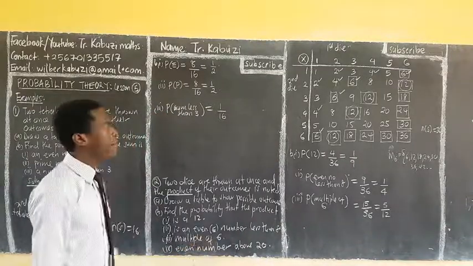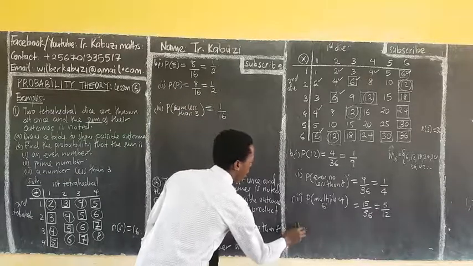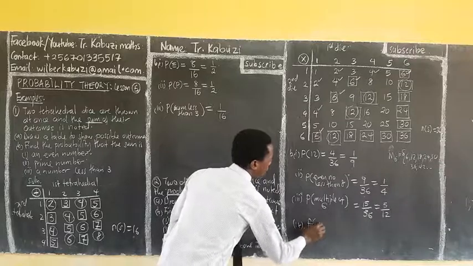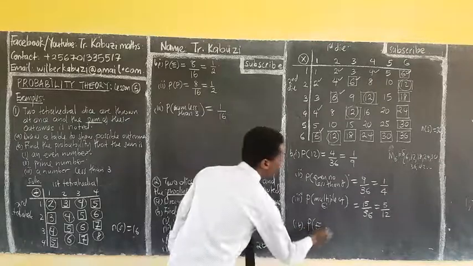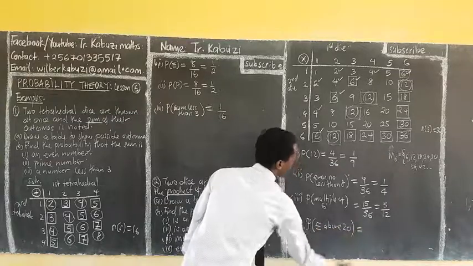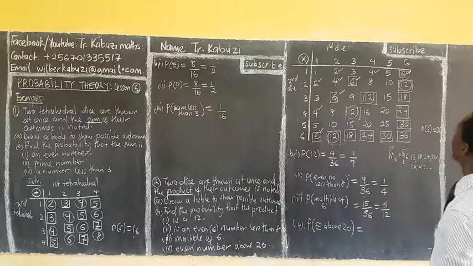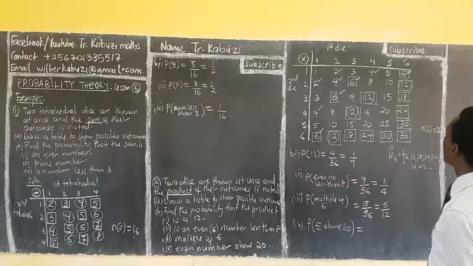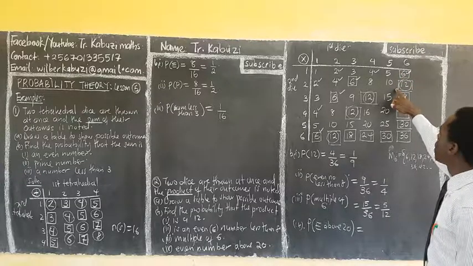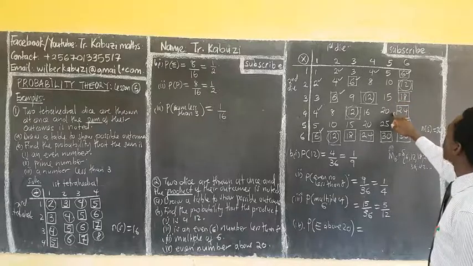Even number above 20. So this time we want the probability of an even number above 20. So above 20 we have how many? Here we don't have anything above 20. Here we don't have anything above 20. Here we don't have anything above 20. So we have this one.